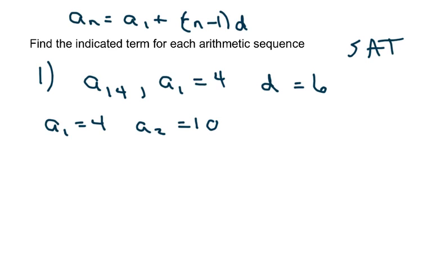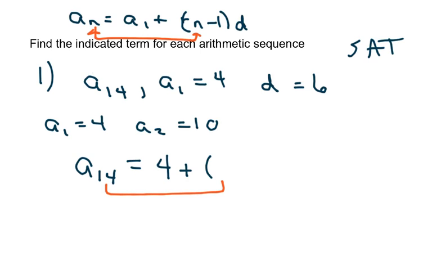So we are looking for a sub 14. And I'm going to plug it into my formula. a sub 1 is 4, plus my total number. Now, these two numbers will always match up. So here, these two always match up. So basically, since I have a 14 here, this is what goes here.